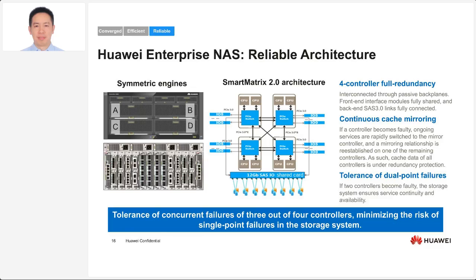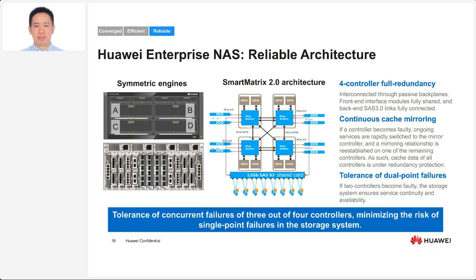From the symmetric engine to the Smart Matrix 2.0 architecture, we have 4 controllers for redundancy, interconnected through the passive backplane, with front-end interface modules fully shared and back-end SAS 3.0 links fully connected. Continuous cache mirroring tolerates dual-point failure.